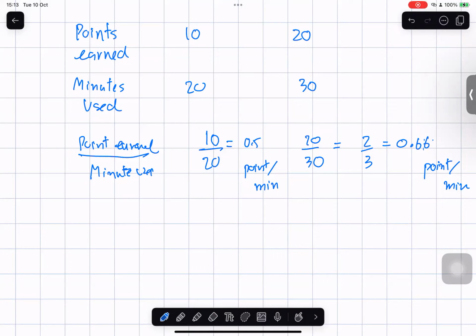Per minute spent on question 2 delivers about 0.66.